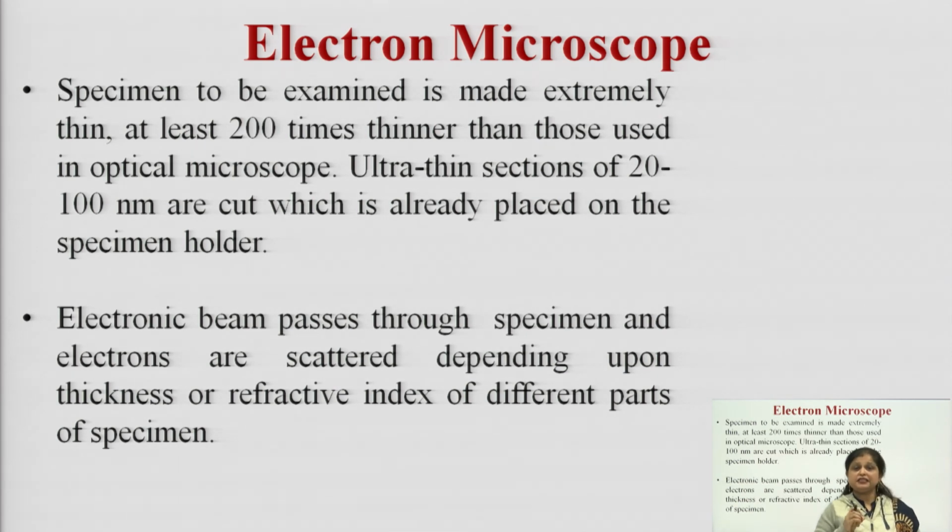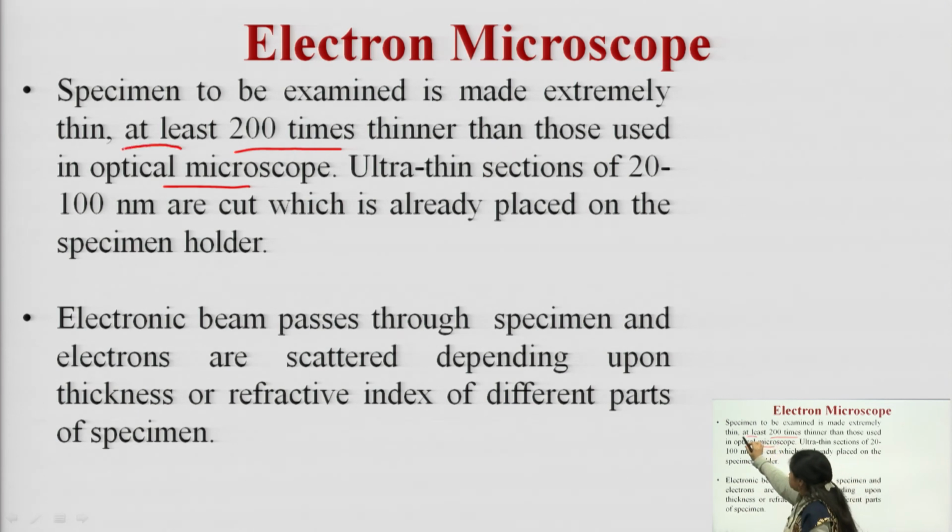So, we must cut the section thinner, that is 200 times thinner than those of optical microscope. The sections used in case of optical microscope were thicker, but in this case we have to cut sections 200 times thinner as compared to the sections used in the optical microscope.